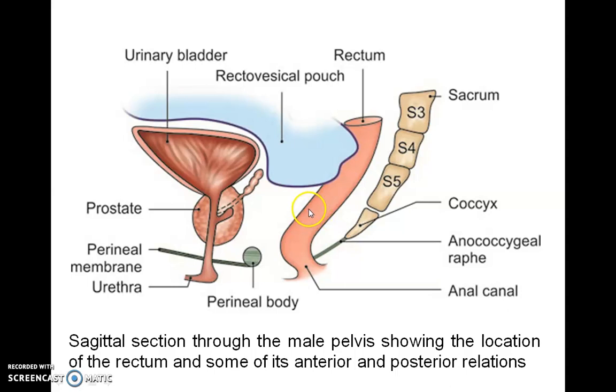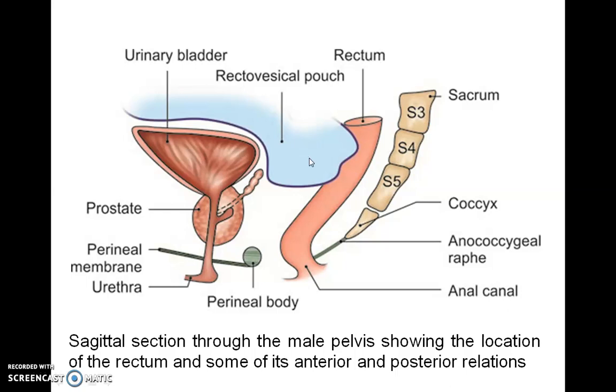Now the visceral relations. Anterior relations are shown over here, the anterior relations in the male. In the male, there is a rectovesical pouch. In the upper two-thirds, the anterior relation is different from the lower one-third. In the upper two-thirds, the rectovesical pouch contains the coils of small intestine and the sigmoid colon.